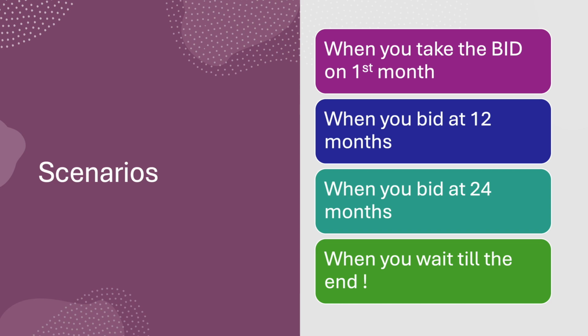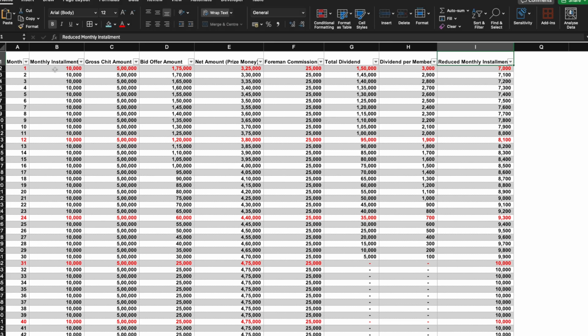So for our first example, when you want to bid for the first month, you are supposed to pay the installment, which is 10,000 pooled by 50 people would come to 5 lakh. So let us say you have bid 35%, which is a 1 lakh 75,000 loss for the month, and then you are entitled to receive a 3 lakh 25,000 prize money as a bid winner.